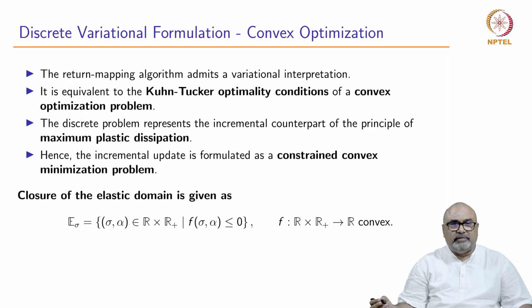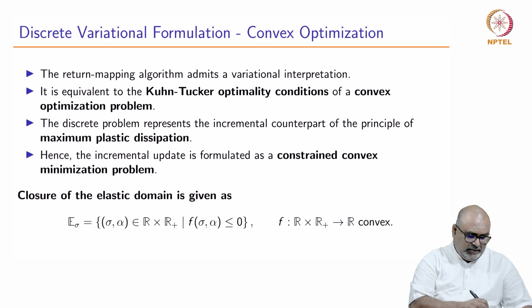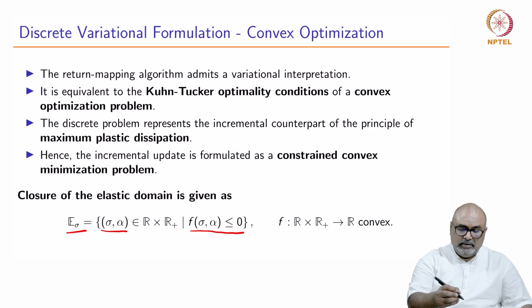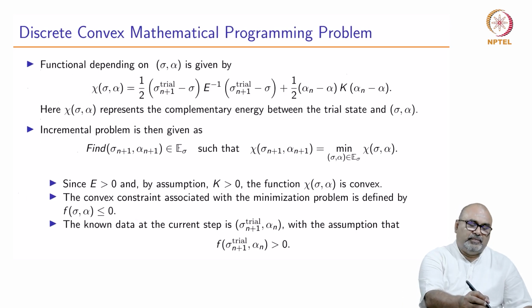So, the closure of an elastic domain is given by E of sigma, alpha, defined in terms of sigma comma alpha, such that f of sigma comma alpha must be less than or equal to 0, and it is a convex space, right.